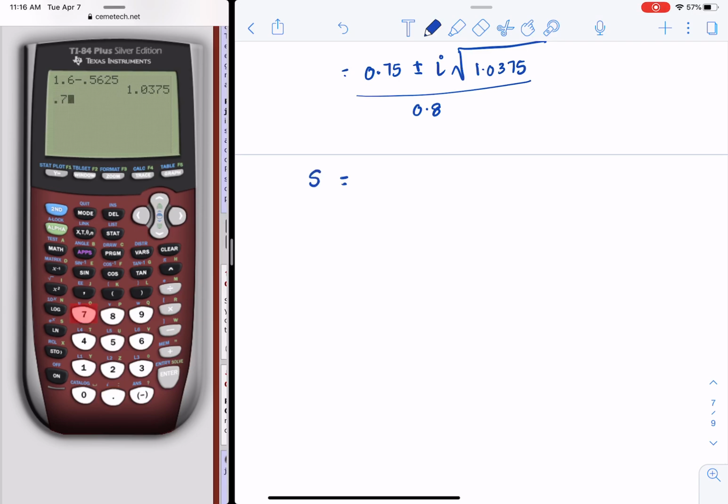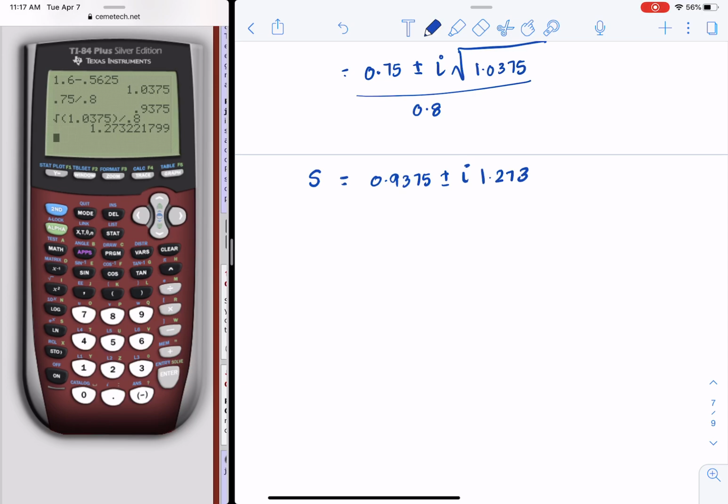So 0.75 divided by 0.8, it's 0.9375, and the square root of 1.0375 divided by 0.8, we have 1.273.